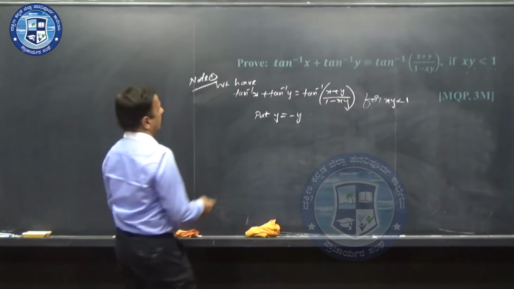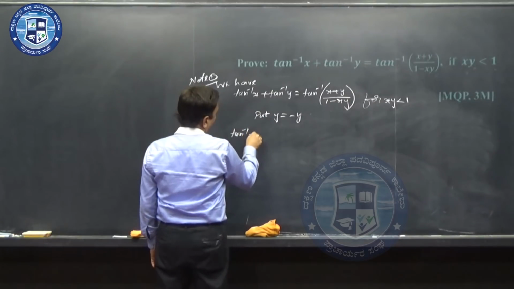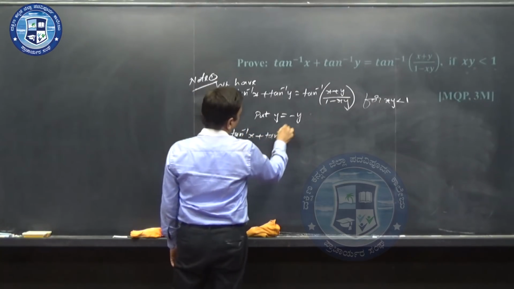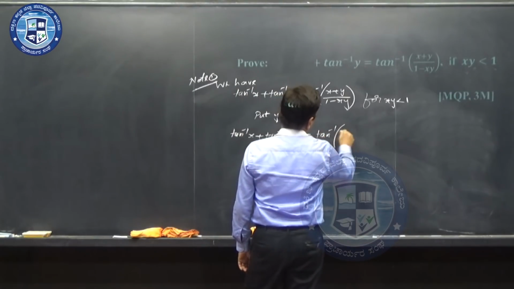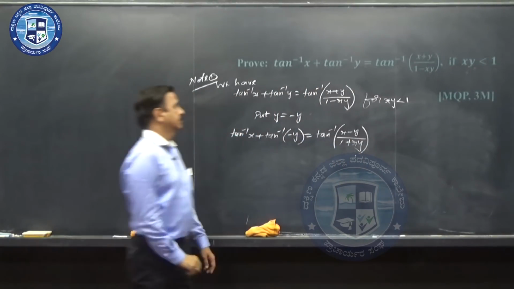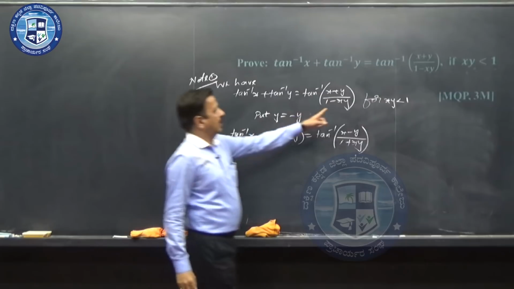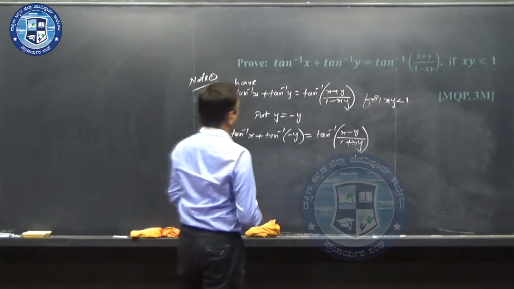Put y is equal to minus y, then this result will become tan inverse of x plus tan inverse of minus y is equal to tan inverse of x minus y divided by 1 minus, minus of minus becomes plus, 1 plus xy. I am substituting y equals minus y.